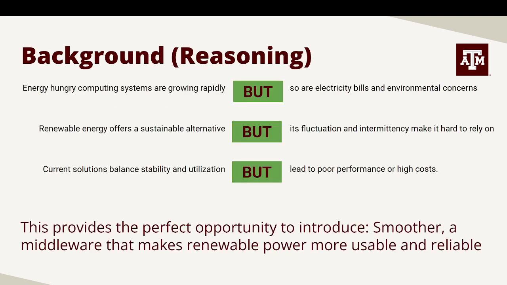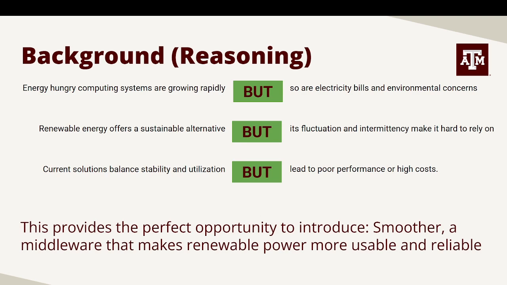A bit of the background and reasoning behind the paper. Computing systems are more energy hungry than ever, and as they grow, so do the bills and carbon emissions. Renewable energy offers a clean and cost effective solution, but comes with challenges like fluctuation and intermittency, making it unreliable and hard to use effectively and efficiently in real time systems.